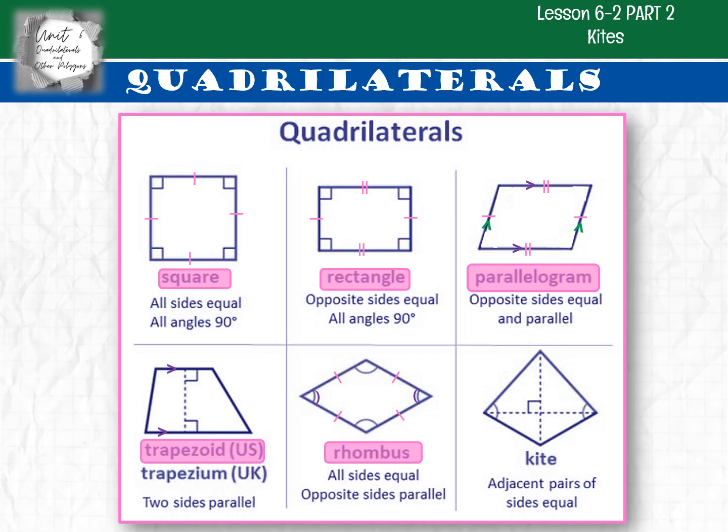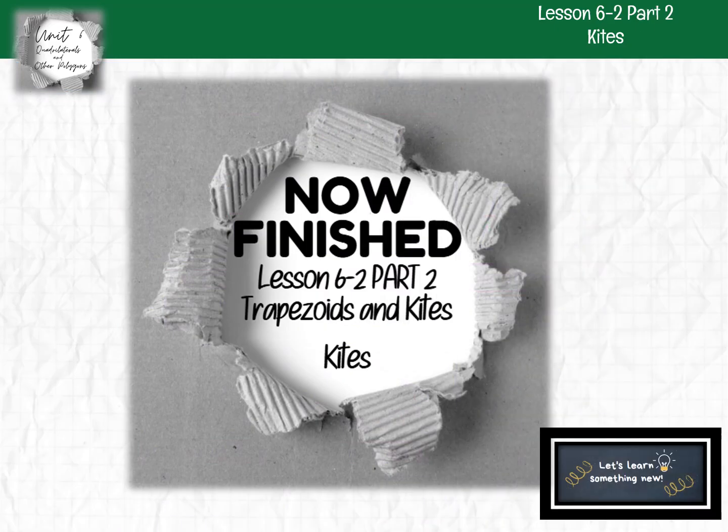Opposite angles are going to be congruent because it's a parallelogram. Let's go to kite. Adjacent pairs of sides are equal. We just covered, we have now finished Lesson 6-2, Part 2 of Trapezoids and Kites. We've been studying kites.